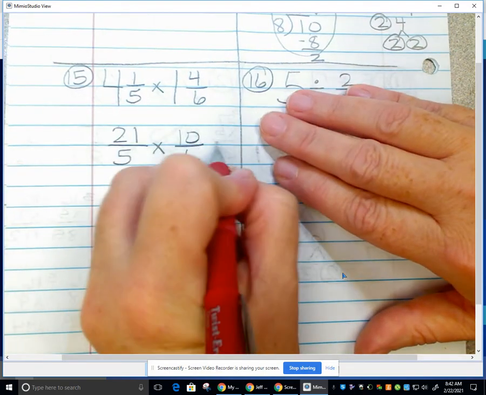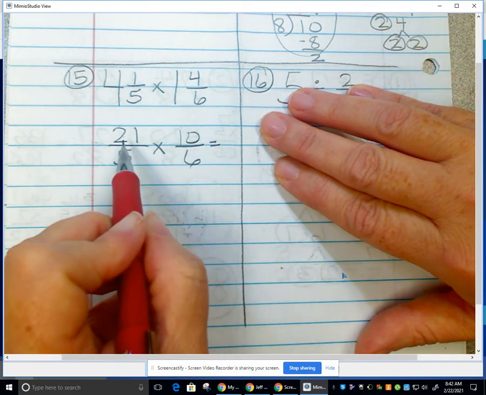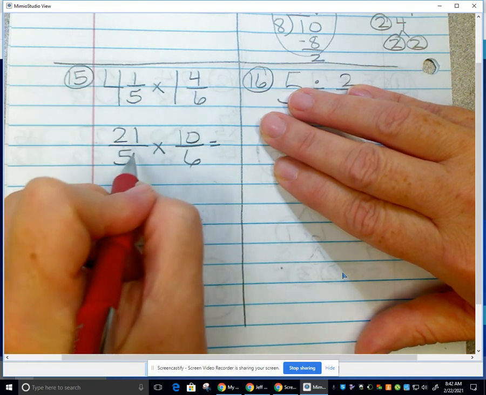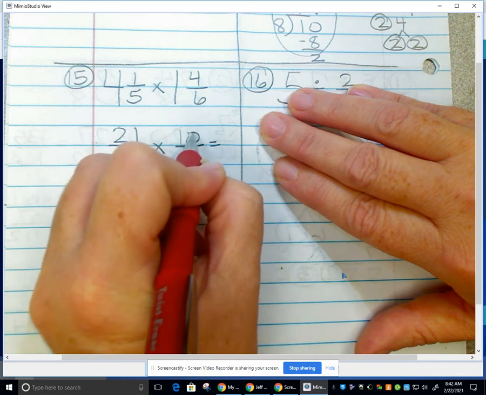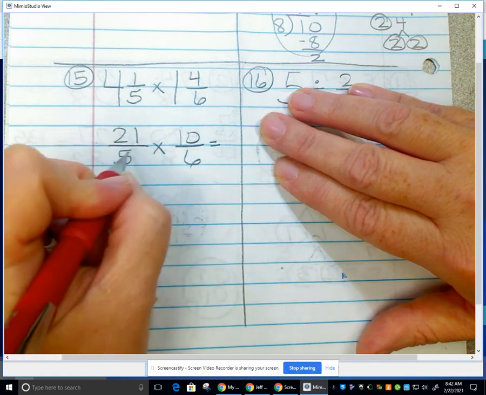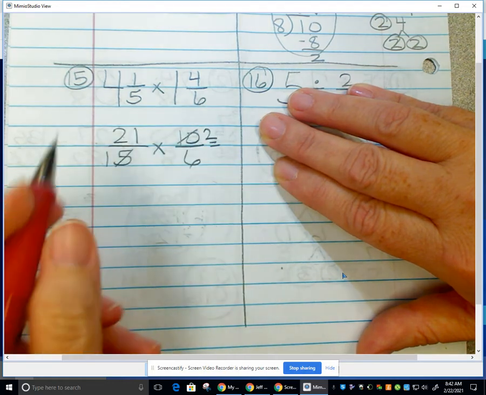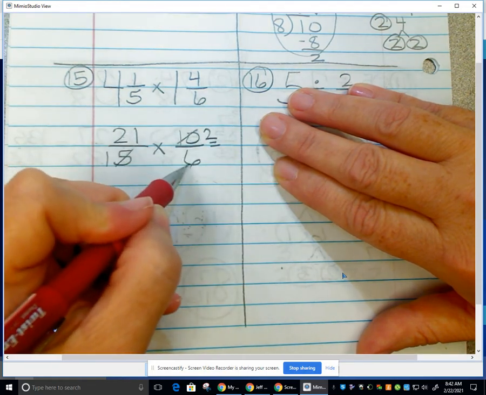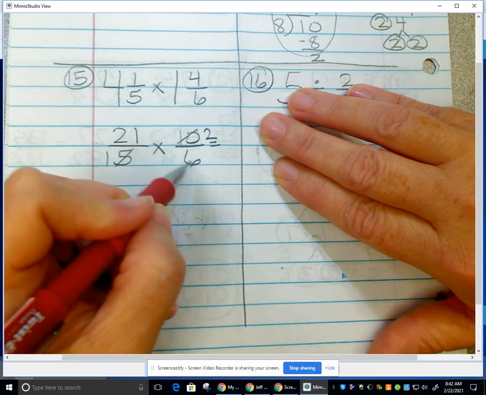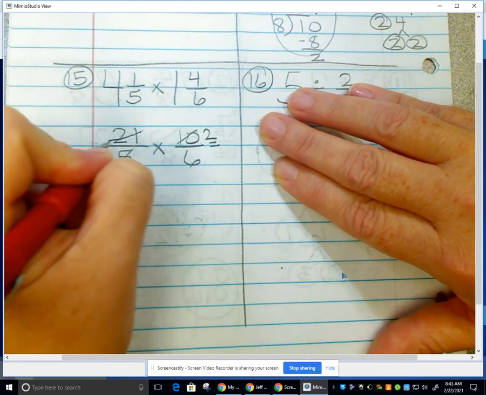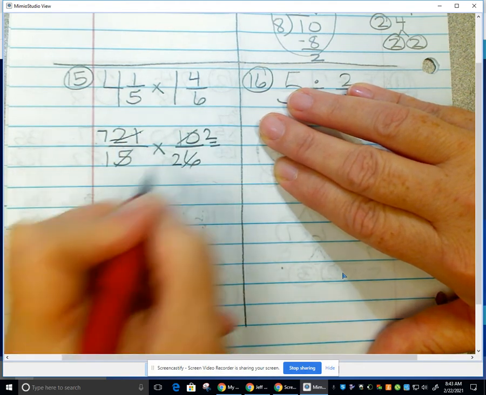Okay, look and see if you can do any cross canceling because this is kind of a high number, 21 times 10. So I do know that on 5 and 10, I could divide both of these by 5. 5 goes into 5 one time, 5 goes into 10 two times. 6 and 21. What could I divide into both of those? What about 3? Yes. 3 goes into 21 7 times. 3 goes into 6 2 times.